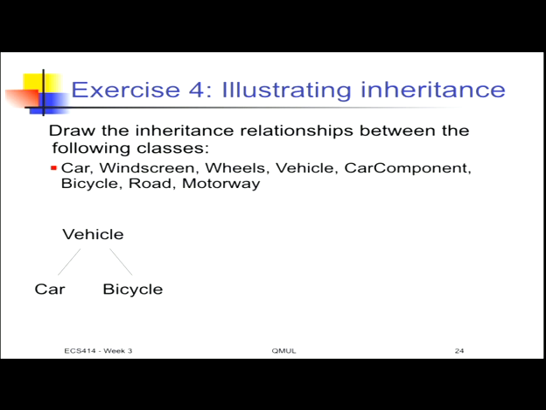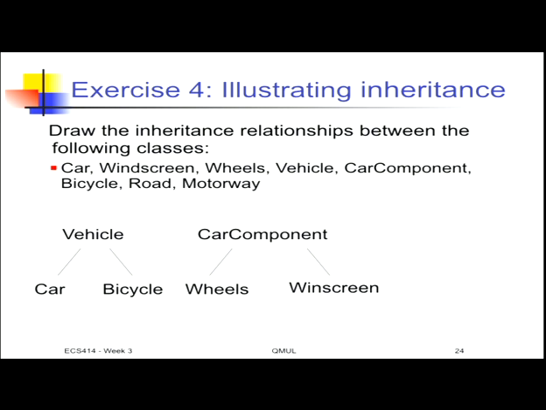But no other class there would belong to this tree, because windscreen is not a vehicle, wheel is not a vehicle, and so on. But wheels and windscreen, those are car components. So a wheel is a car component, a windscreen is a car component. So we would have that inheritance relation between these three classes.